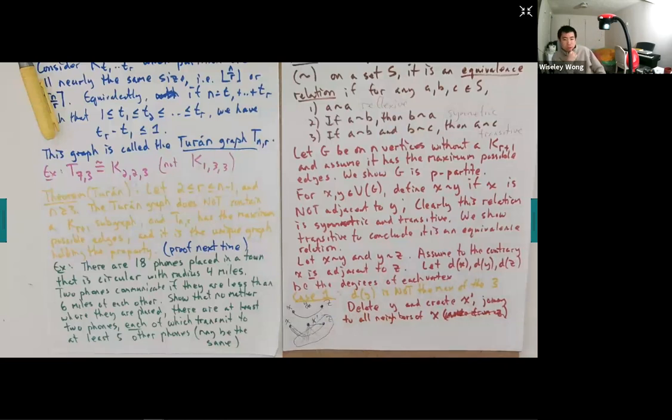So understand that here, x and x prime are not adjacent. But now I'm creating this new vertex x prime that's going to join to everything else that x did.